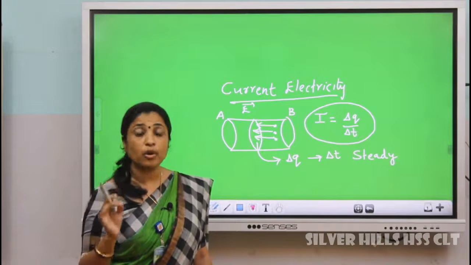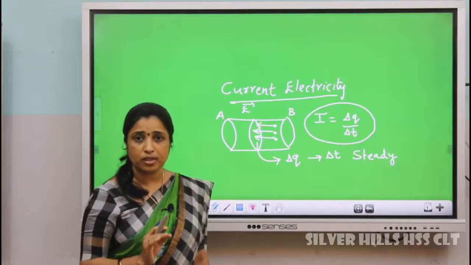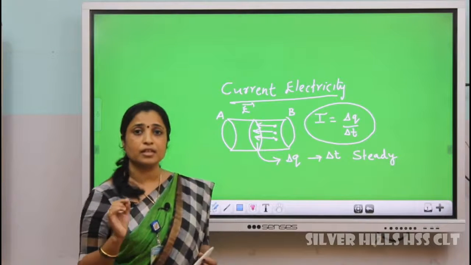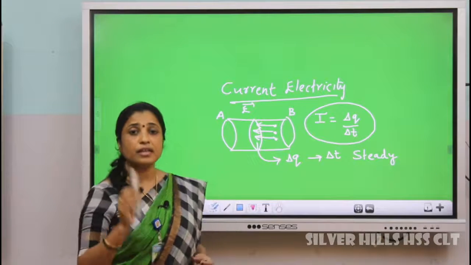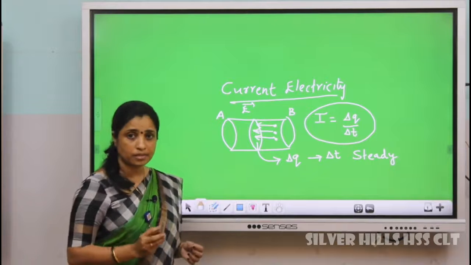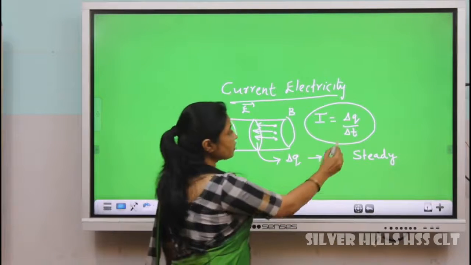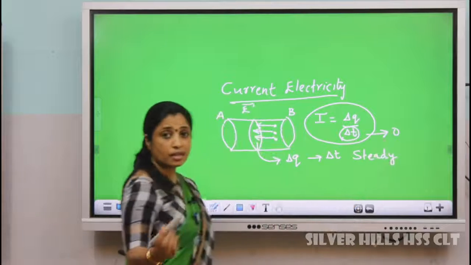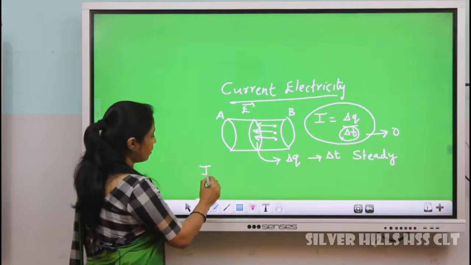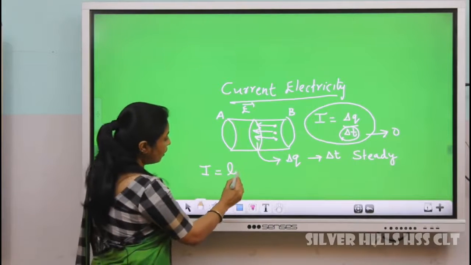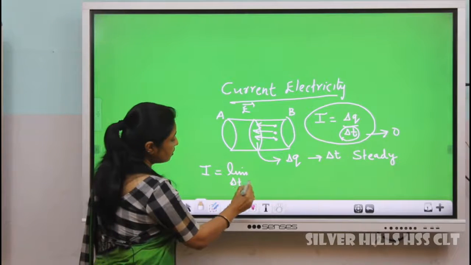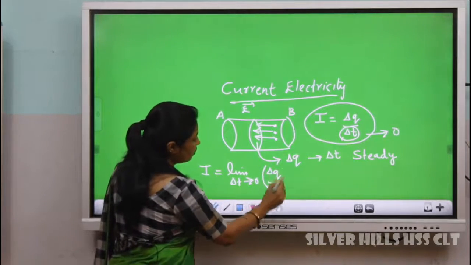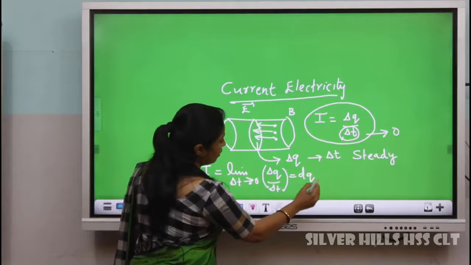But if the flow of charges is varying with respect to time, like in the case of lightning, then we have to go for the instantaneous value of current. The instantaneous value of current can be obtained by taking limit of delta T tends to 0. So you can say that the instantaneous value of current is equal to limit delta T tends to 0 of delta Q by delta T, which is equal to dQ by dt.